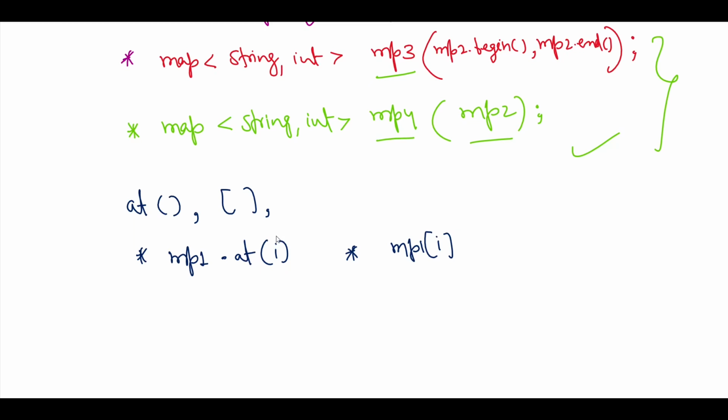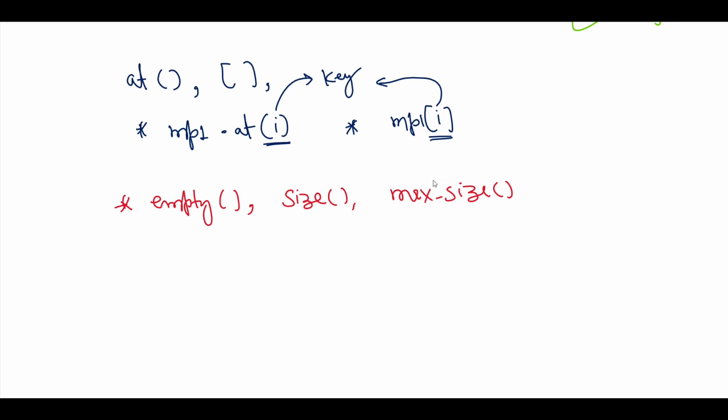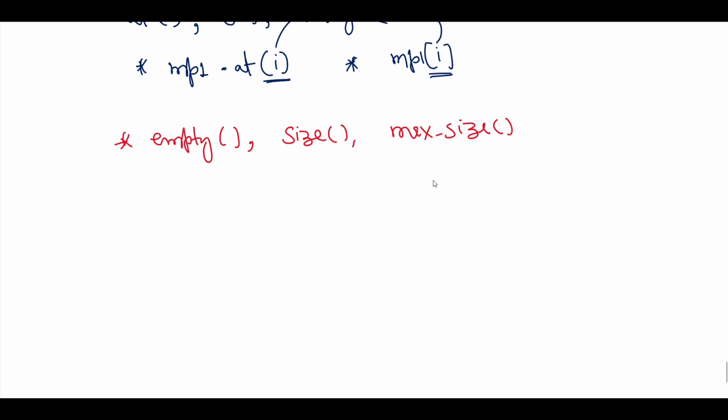This I should be key and this I should be key of this map. Clear? It was different in the case of array or vector, but here in this case it's not index but it is key, right? Now we have some other functions like empty, size and max size, and all these functions are similar to the functions that we have discussed previously in the arrays and vectors.